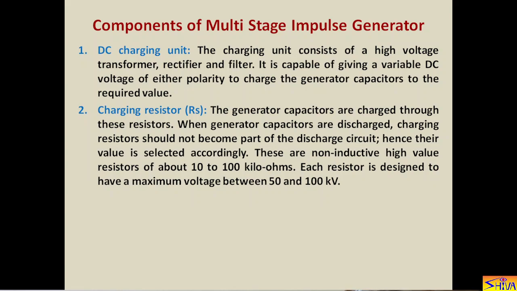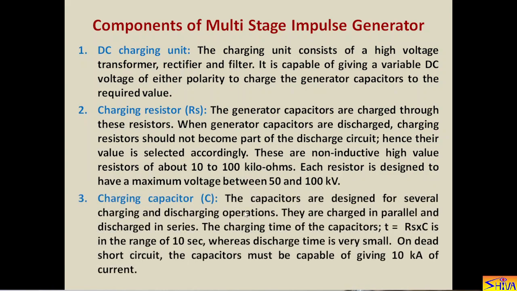So the charging resistor should not become part of the discharge circuit. These are non-inductive high value resistors of about 10 to 100 kilo ohms. Each resistor is designed to have a maximum voltage between 50 and 100 kV.